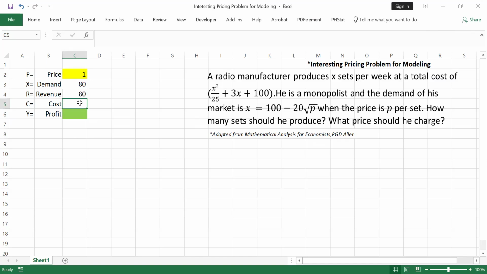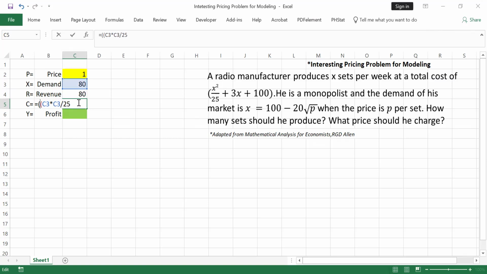Now, cost is equal to this expression, X squared by 25 plus 3X plus 100, but X is the demand. And therefore, what I put here is equal to this cell star this cell, meaning X squared, again C3 only, divided by 25. And I put a bracket here carefully for clarity.